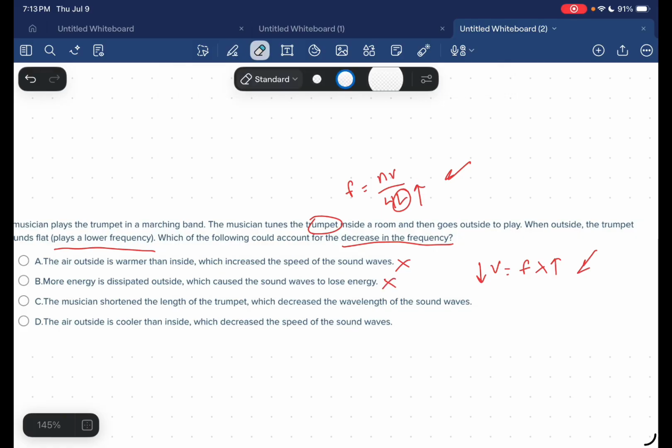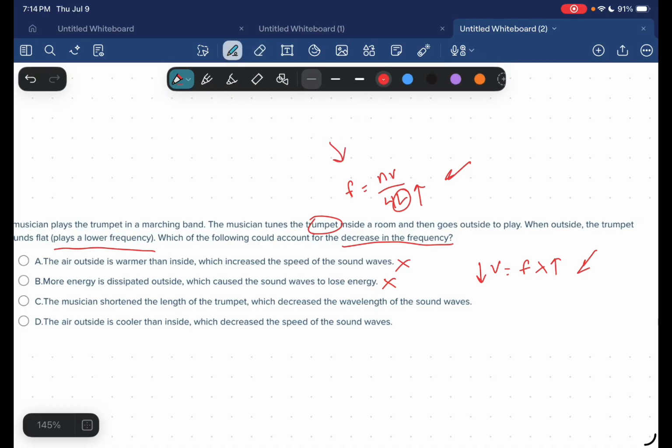Moving on to choice C, the musician shortened the length of the trumpet, which decreased the wavelength of the sound waves. Choice C is wrong on two accounts. We established with the above equation that frequency is inversely proportional to length, so a decrease in length would cause an increase in frequency, so that part of the answer is wrong.